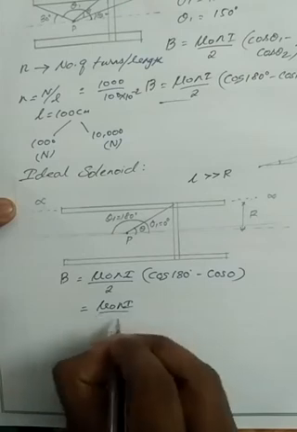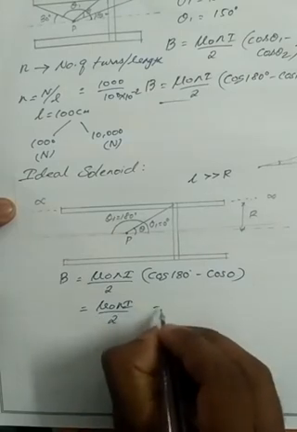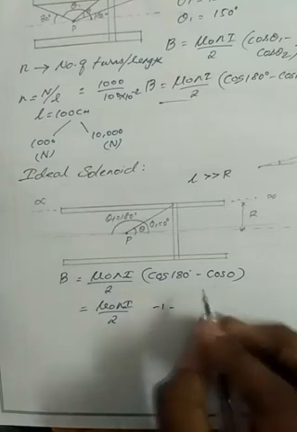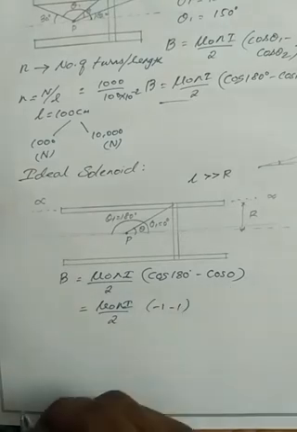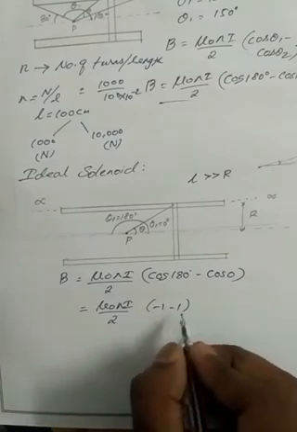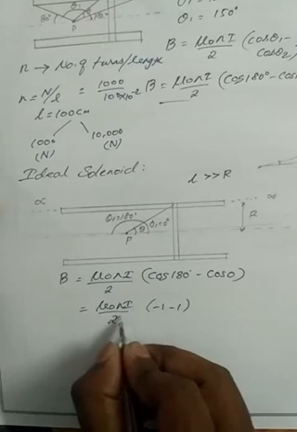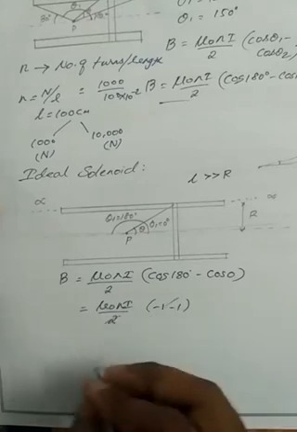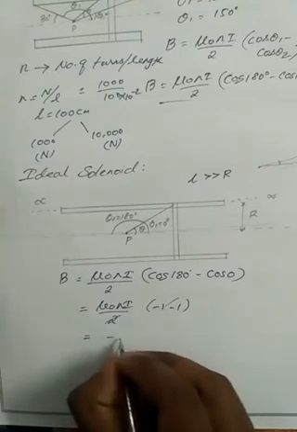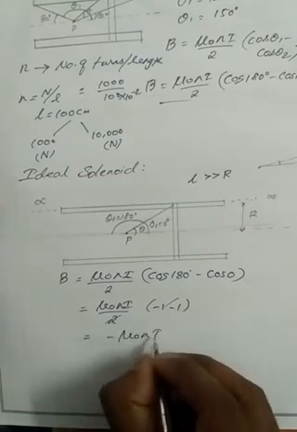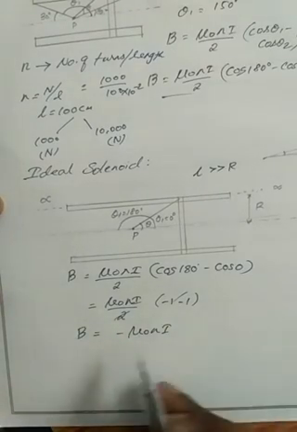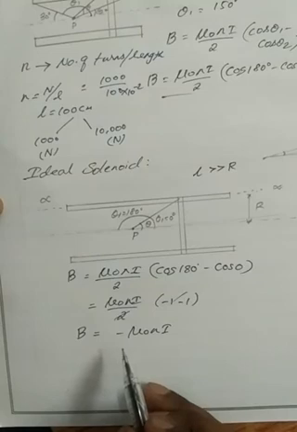Cos 180 will be equal to minus 1. Minus cos 0 will be equal to minus 1. So minus 1 and minus 1 become minus 2, and the 2 gets cancelled. We are left with minus mu naught Ni. So this is our magnetic field. Here the negative symbol means direction.